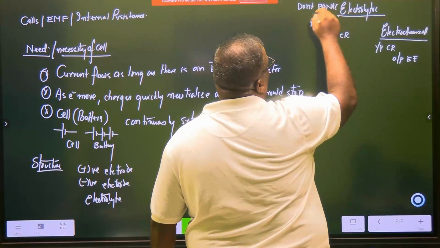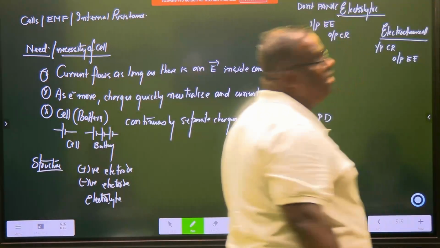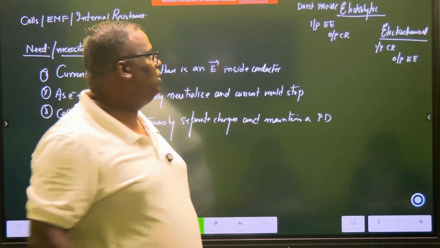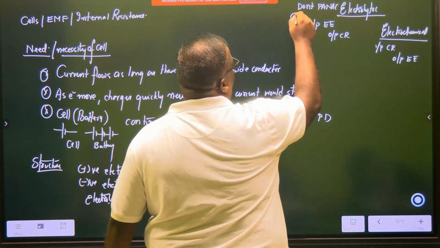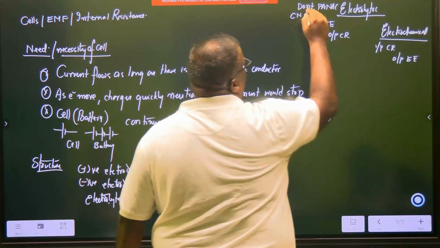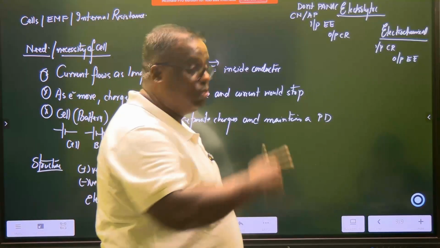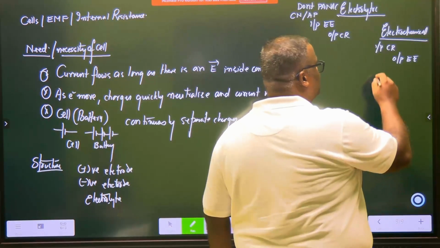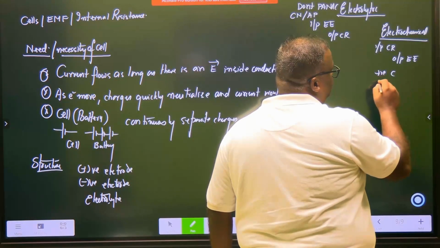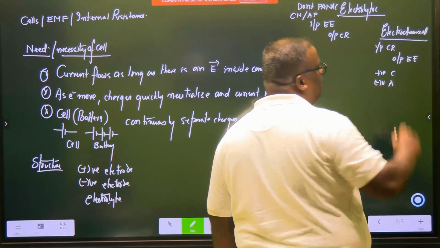Don't panic means positive is anode, negative is cathode. Or we use the formula as I used to teach you all, Cartoon Network and Andhra Pradesh. Here it will be totally opposite. Here the positive will be cathode, the negative will be anode.